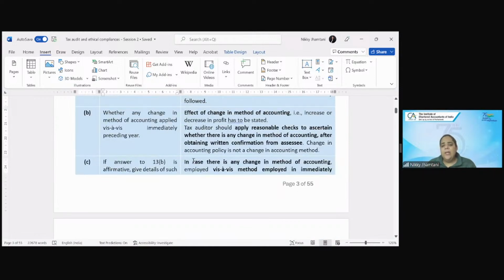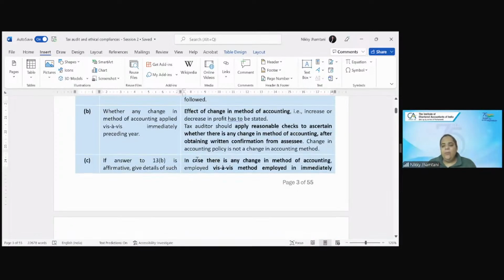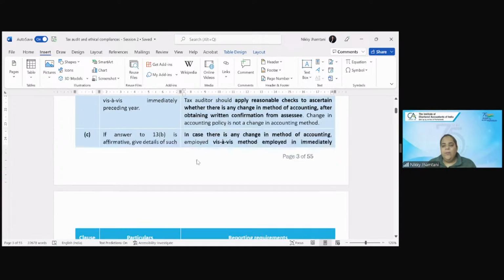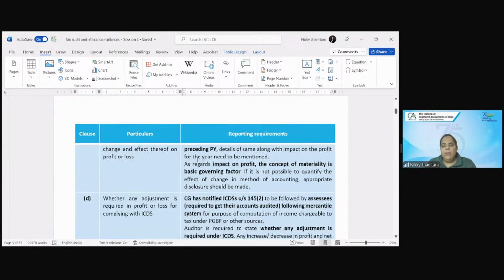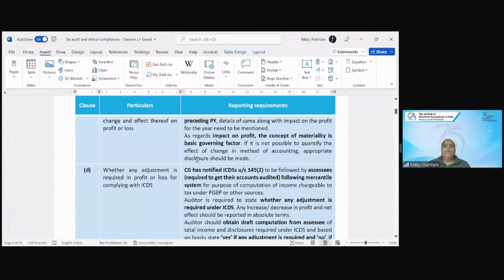So it says in case there is any change in method of accounting employed vis-a-vis method employed immediately preceding year, details of same along with impact of the profit need to be examined. As regards impact on profit, the concept of materiality is a basic governing factor.